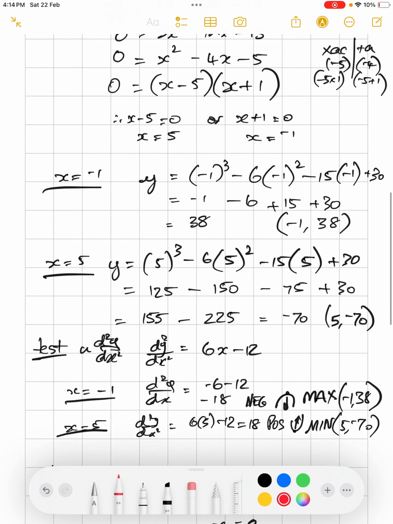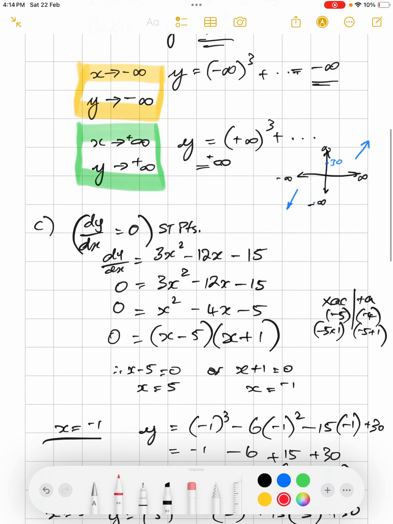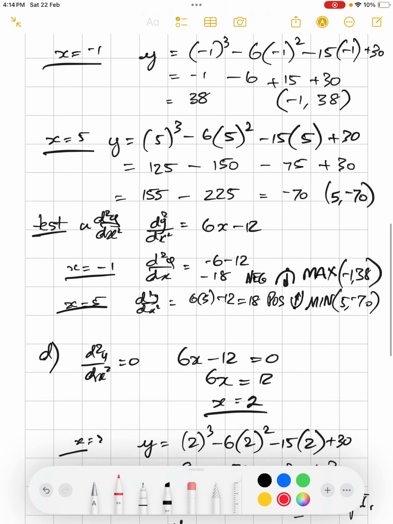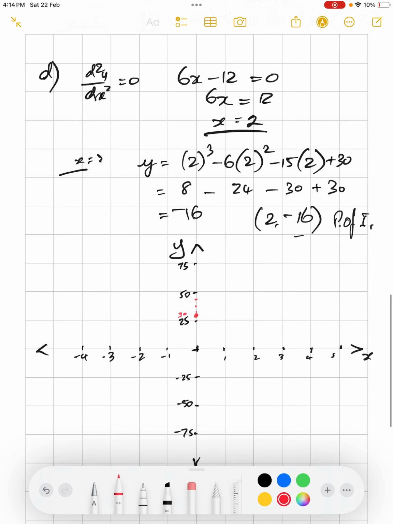Now we know it's going to be a cubic. It's turning at negative 1, 38. Negative 1 is 35, that's 40. So here, negative 1, 38.